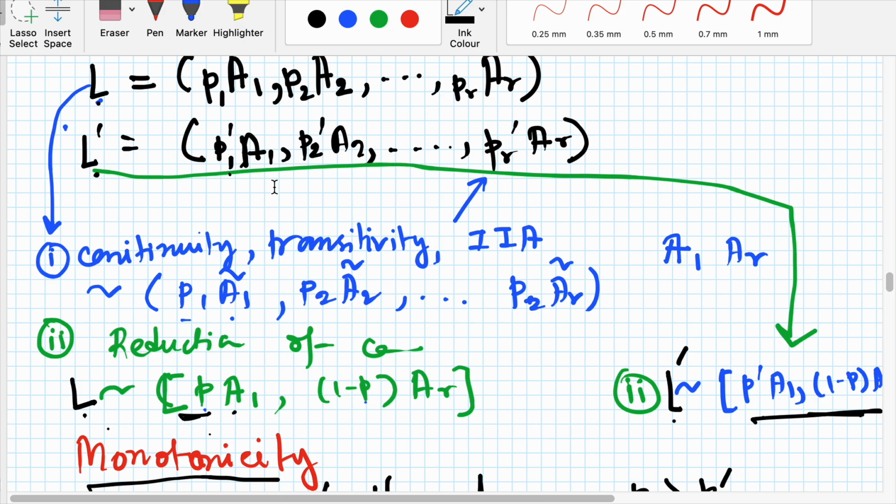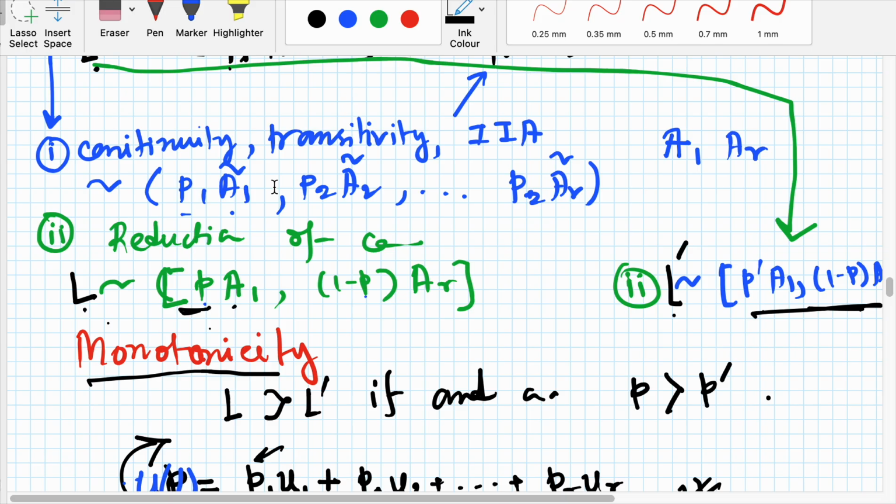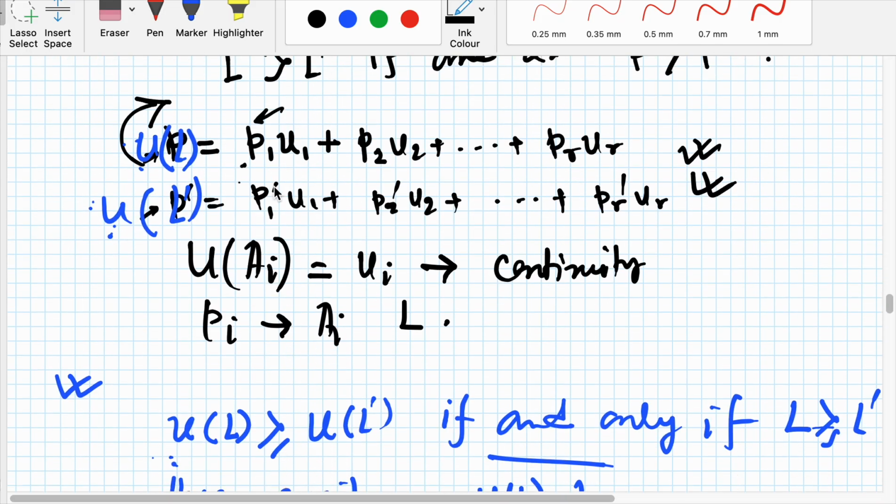Then we have proved that if these 6 axioms hold, then using the utilities coming from the continuity axiom, we can write an expected utility, and we can show that this expected utility can truly represent the preference among two lotteries which involve multiple options.